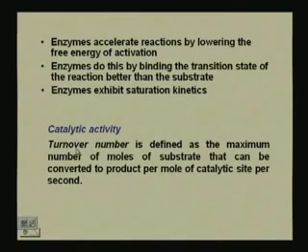But there is a turnover number that is going to tell us the catalytic efficiency, and that efficiency is measured by how many moles of the substrate we can convert to product per mole of catalytic site per second, because you have to remember it is a rate that we are considering, right. So, you are looking at the maximum number of moles of substrate that can be converted to product per mole of catalytic site per second.